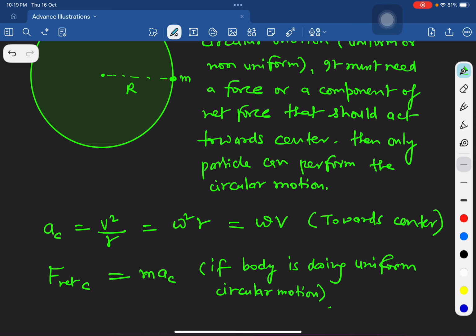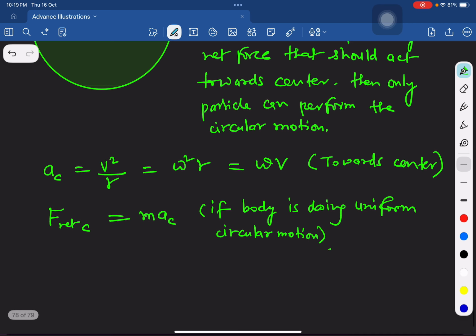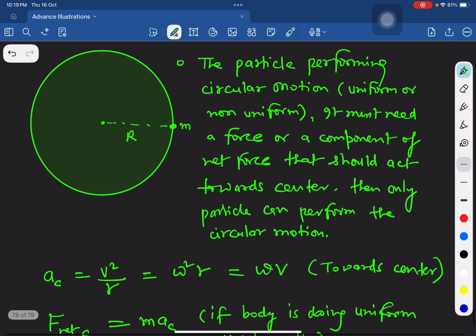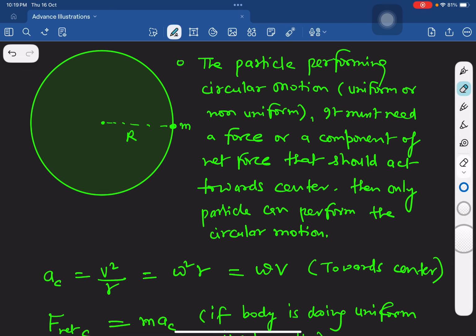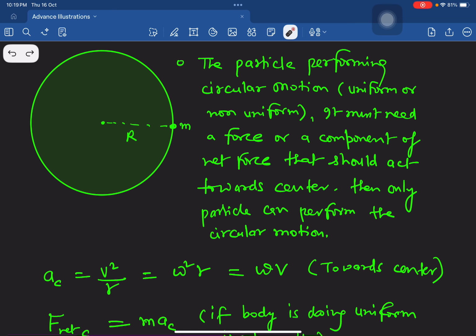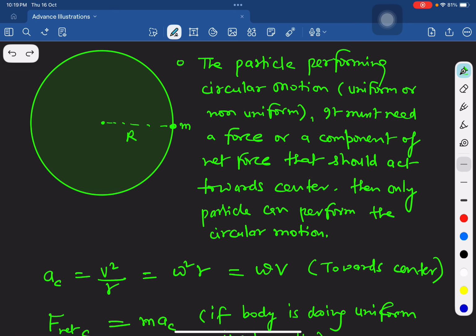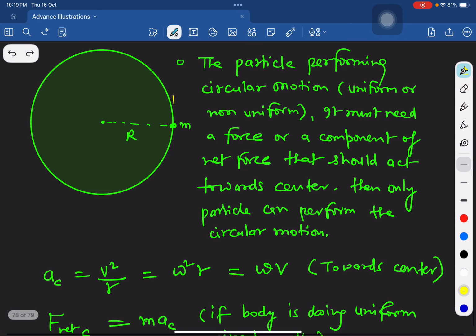If the particle is doing circular motion and it is uniform, it means that in the tangential direction a t will be 0.